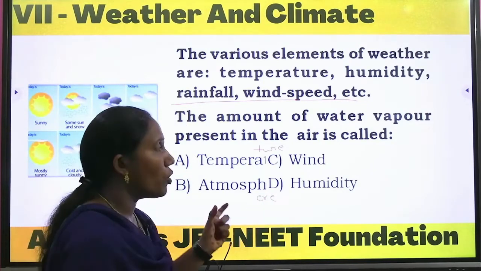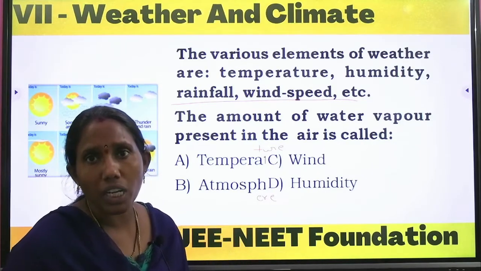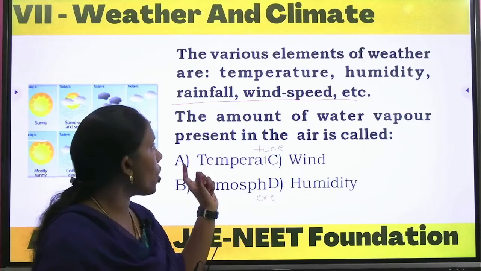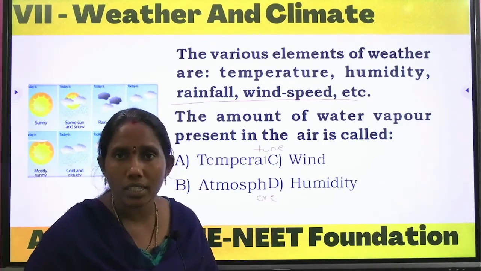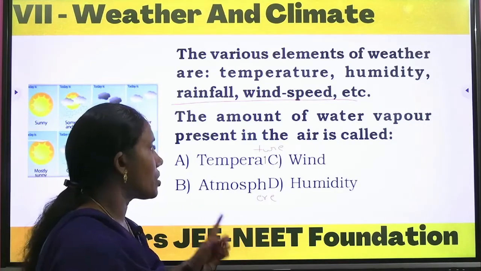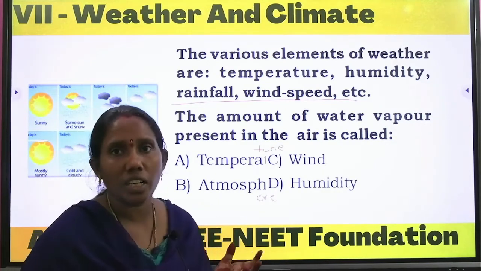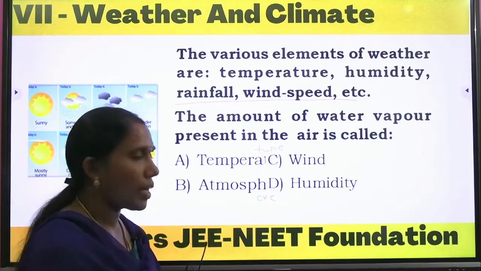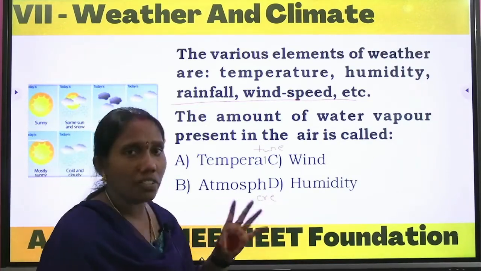So the amount of water vapor is nothing but moisture, right? So the amount of moisture present in the air is called humidity. Not the temperature. Temperature means the amount of heat or hot conditions present in the air. Wind means the speed of the wind.